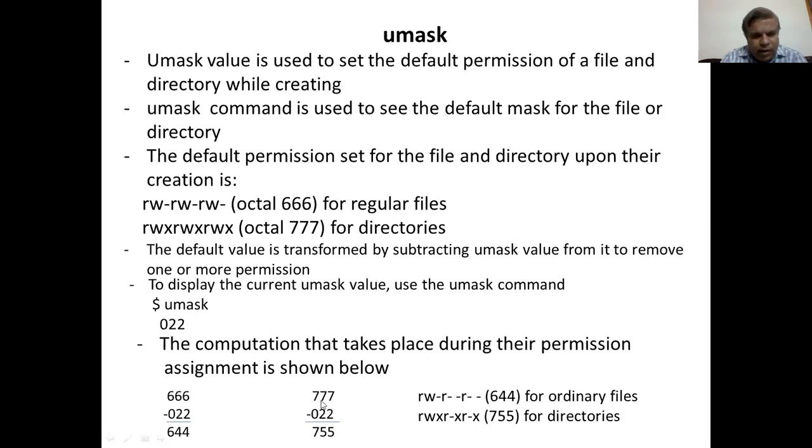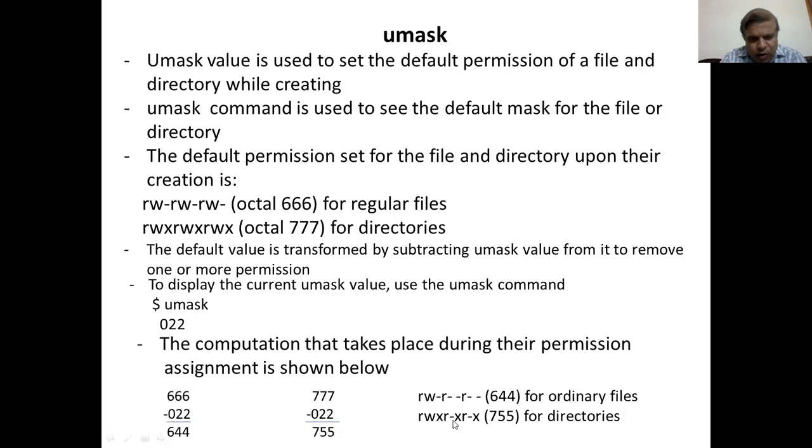And similarly for directory, the umask value is subtracted from 777. Okay, and the result of subtraction is 755. Okay, so which is actually read, write, execute. That is 7 for owner.